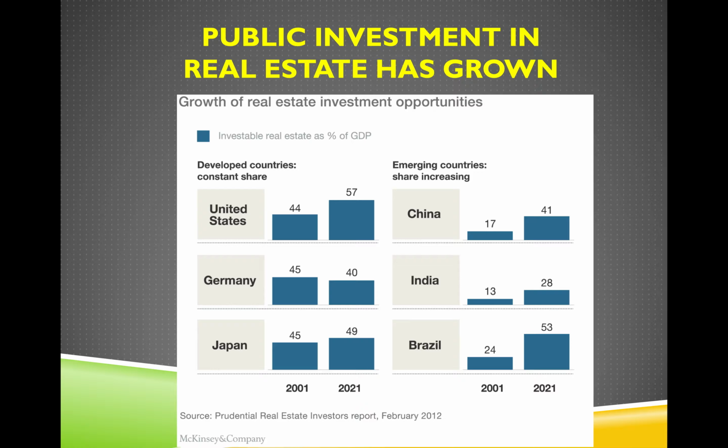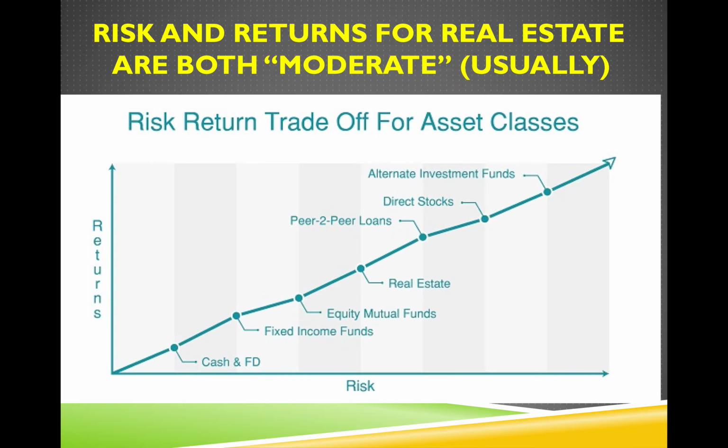Investable real estate as a percentage of gross domestic product has increased over the last 20 years or so in the United States, Germany, and Japan. There's also a big increase in China and India, and also Brazil. So there are a lot more opportunities to invest in publicly traded real estate investments.